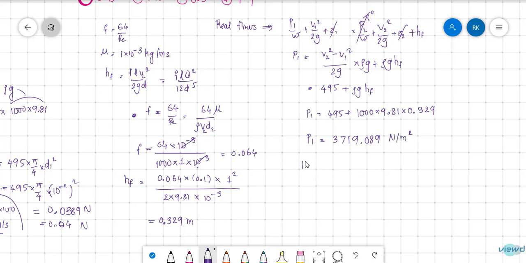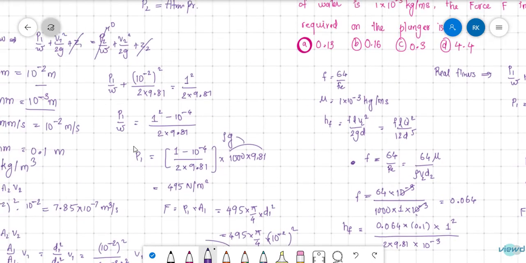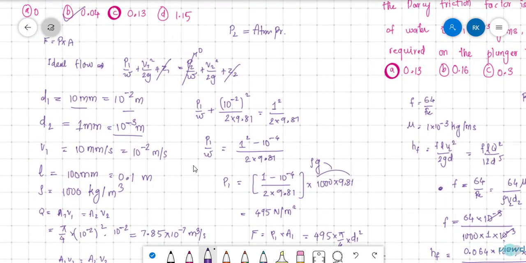So what will be the force? Force is equal to P1 into A1. So P1 is 3719.089 into A1, pi by 4 into D1 square. What is D1? D1 is equal to 10 power minus 2 meter.